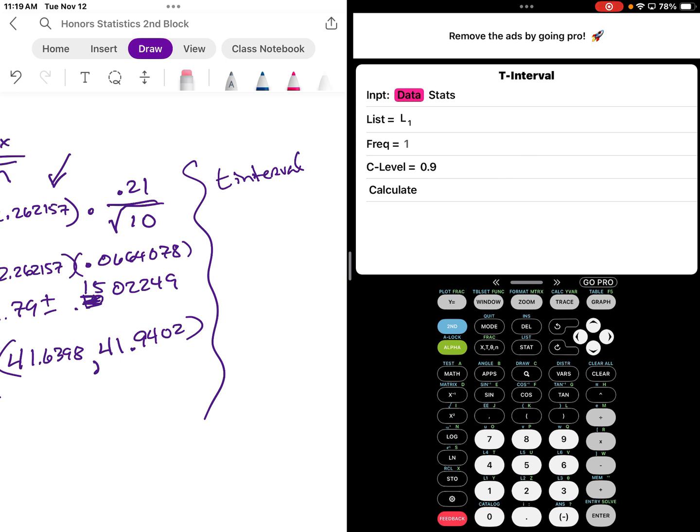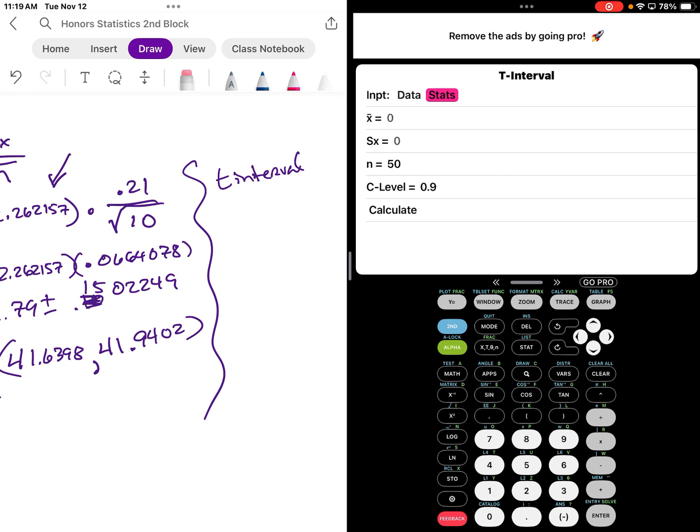If they don't tell you X bar and S sub X, but they actually give you a bunch of data, then type it into L1 and then we get to use that data feature. They gave us statistics. We know they gave us statistics because they gave us X bar. They said X bar was equal to 41.79.